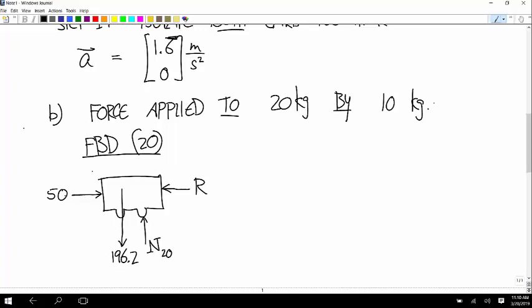Okay. Yes? If it's a force applied to the 20 kilogram by the 10 kilogram, which means that the 10 kilogram is giving a force to the 20, so that means that resistance goes to the negative coordinate, right? Well, the way to think about it is, you go around the boundary looking for where the surroundings make contact with the boundary.